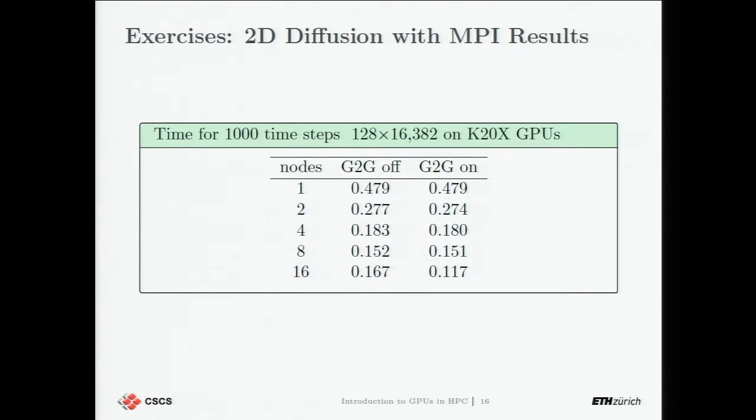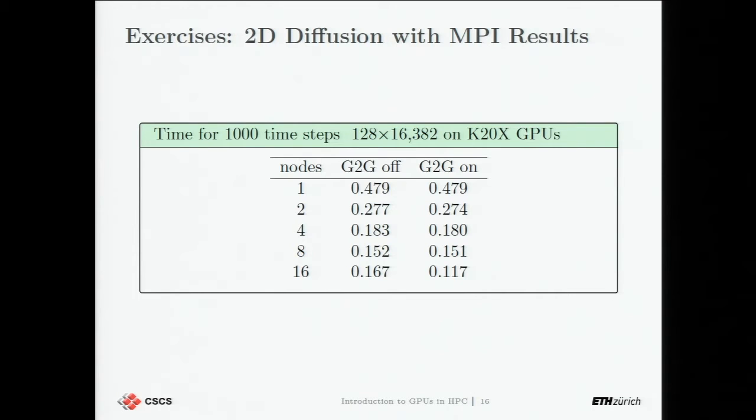I spent a few years working on the climate and weather code COSMO for MeteoSwiss, which is now running on GPUs in the Piz Daint system that you saw yesterday during the tour. And we used G2G or GPU-aware MPI for that code, and that made a big performance improvement for us.